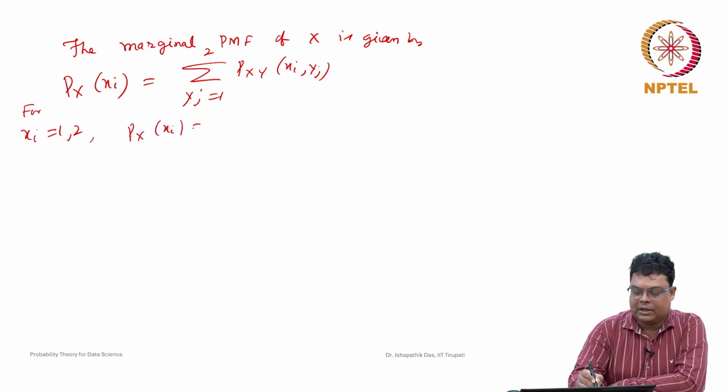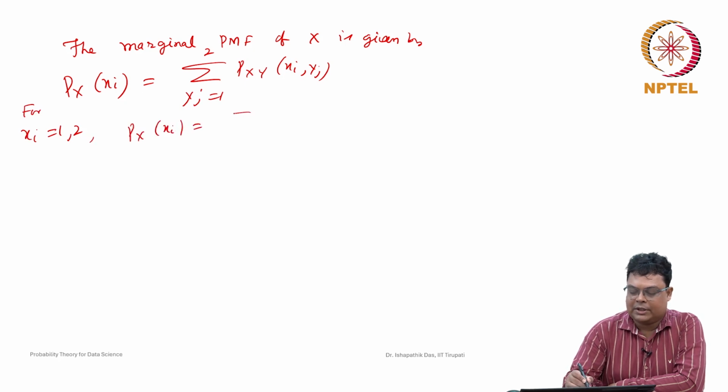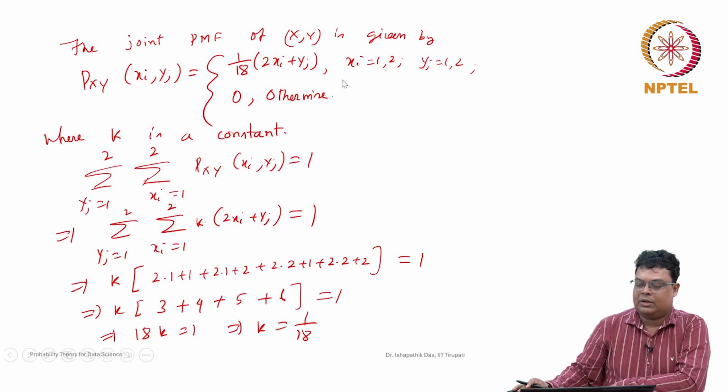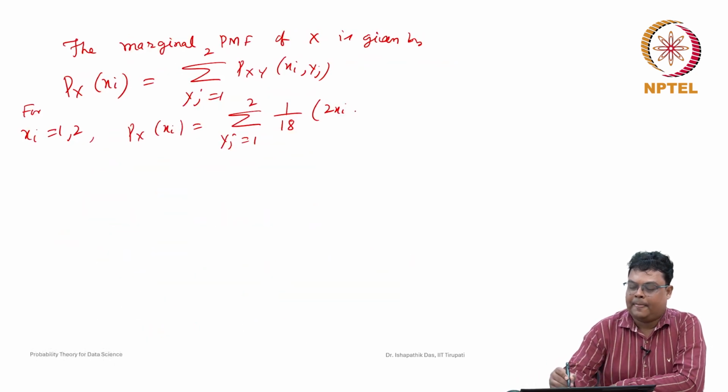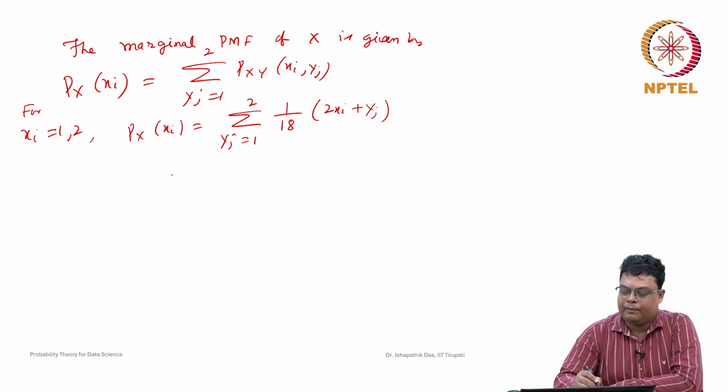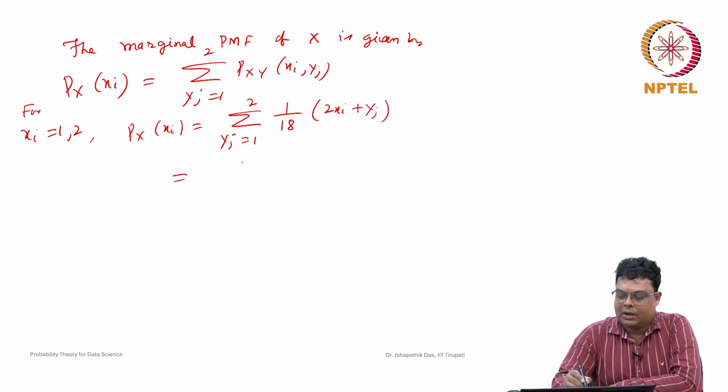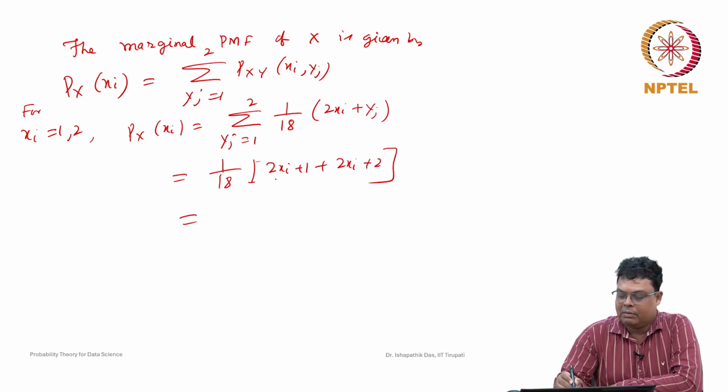So px of xi is the summation over yj equal to 1 to 2 of 1 by 18 into (2xi plus yj). This is 1 by 18 into (2xi plus 1 plus 2xi plus 2), which is nothing but (4xi plus 3) by 18.